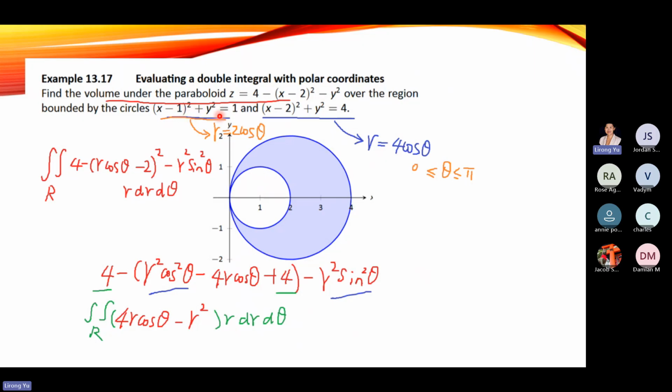Some terms cancel each other out, like the 1 cancels and the r squared cancels the r squared, and eventually you simplify into this. Same thing here: you substitute x equal to r cosine theta and y equal to r sine theta, and eventually many terms cancel.